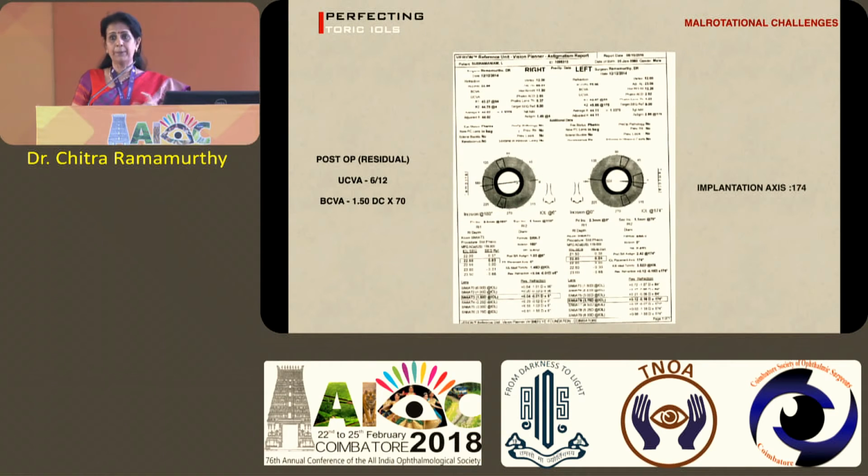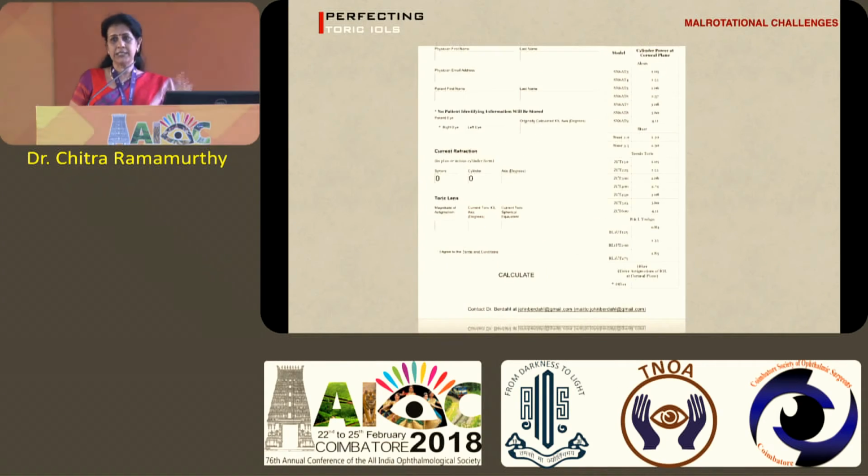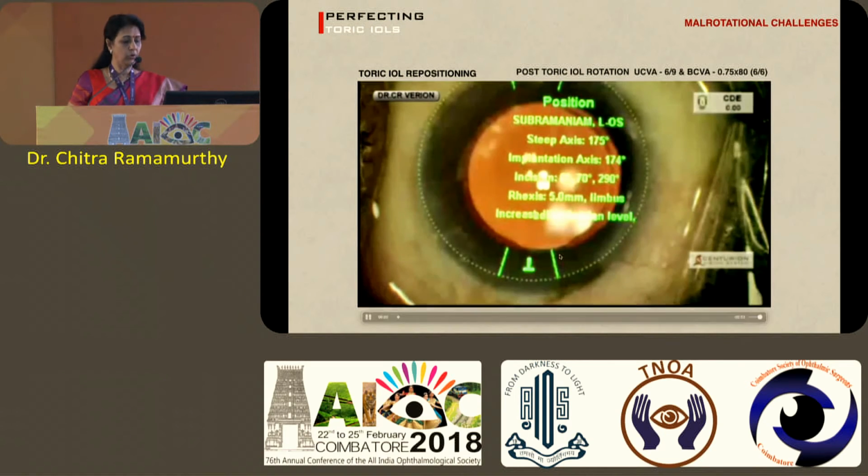Finally, what could happen is you've done all this excellently to the last letter, but finally you have had a malrotation and you see a patient has a UCVA of 6/12 and is utterly unhappy with you. So then you could enter these details in www.astigmaticfix.com online, and then you could place the patient, you could go ahead with the surgery.